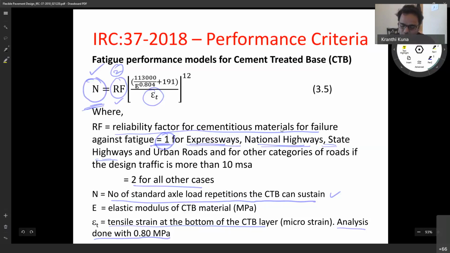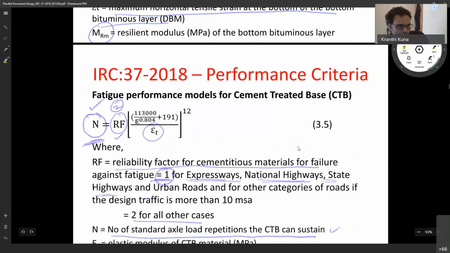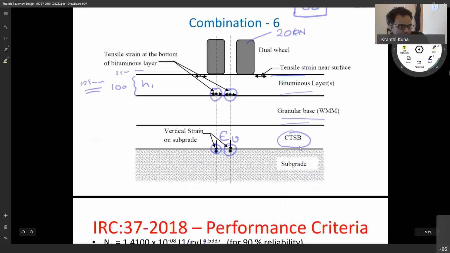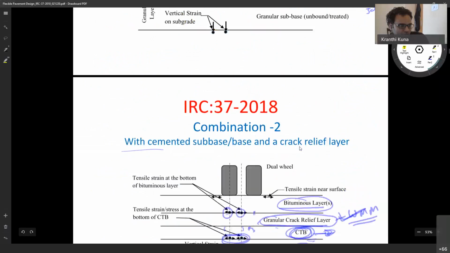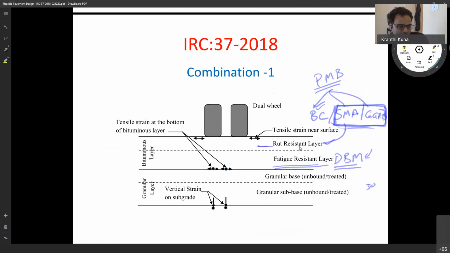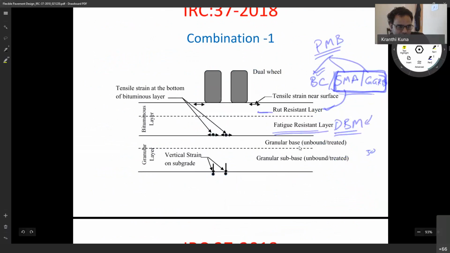Now coming to the analysis to be done with 0.8 megapascal, this is very important. For example, let us go for our conventional case. What is the effective percentage of bitumen? VBE is the effective bitumen volume.